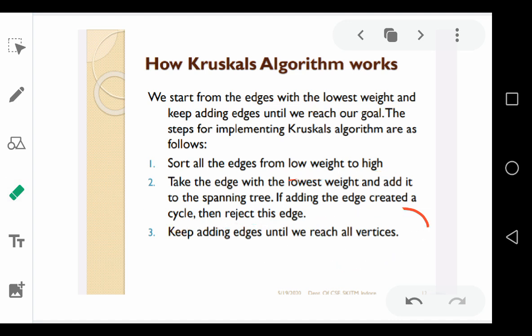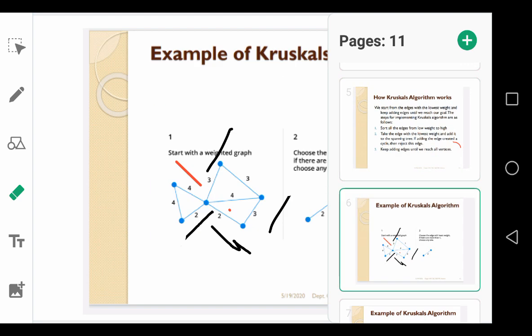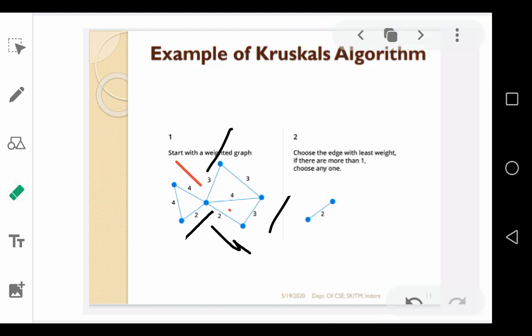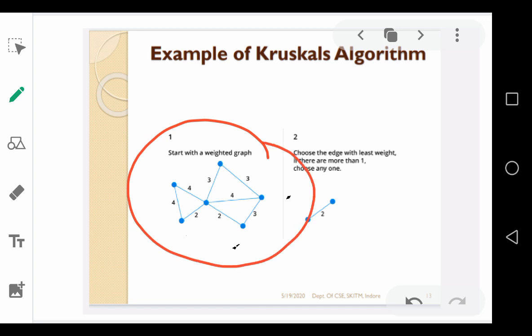To clear this point, let us consider one simple example. That example graph we had discussed in Prim's algorithm also. First we are arranging the edges, we have edges of weight 2, 3 and 4.